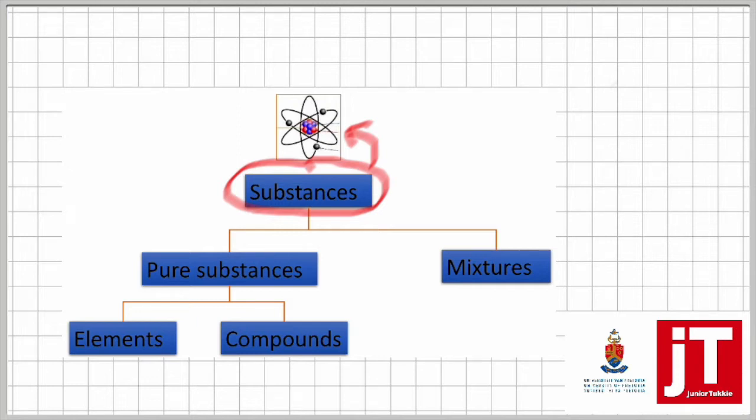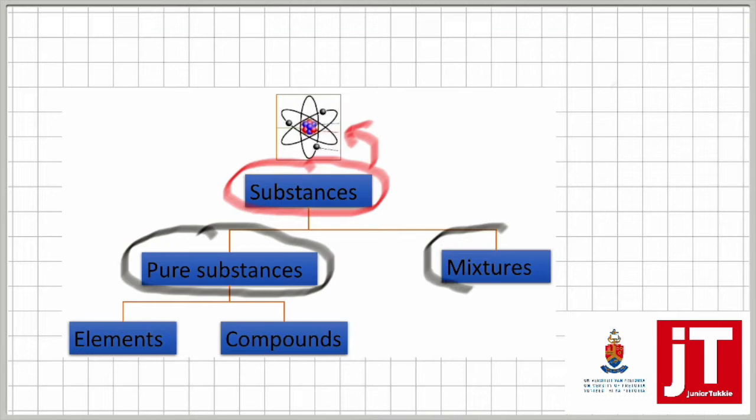So we're going to be looking at the differences between the pure substances and mixtures firstly. That is our first way of grouping substances. Now, in a pure substance, there's only one type of particle.